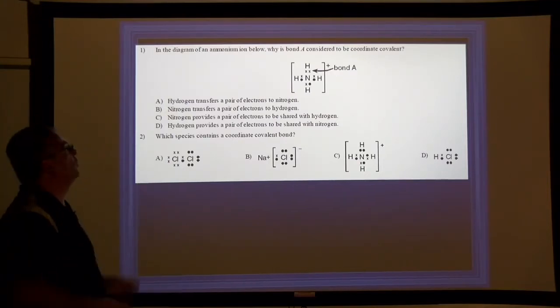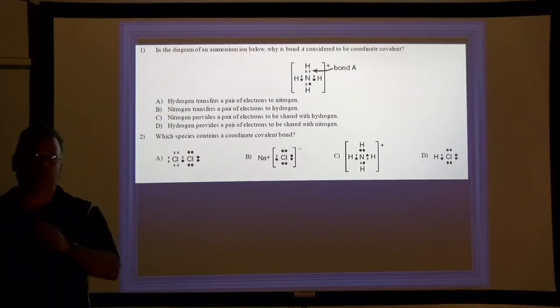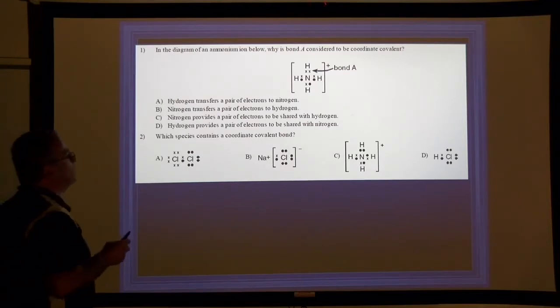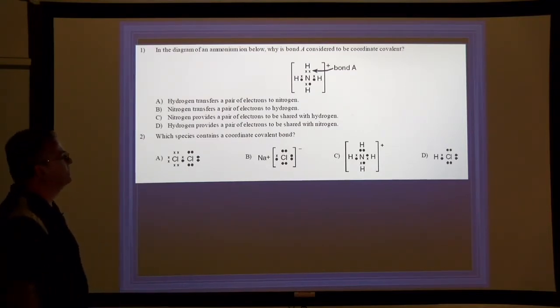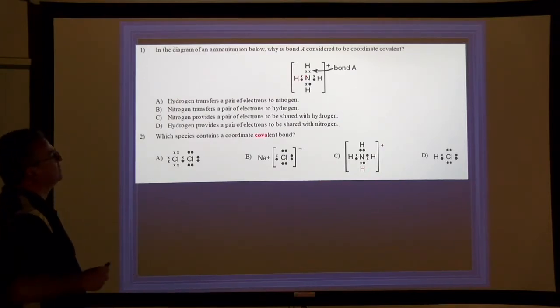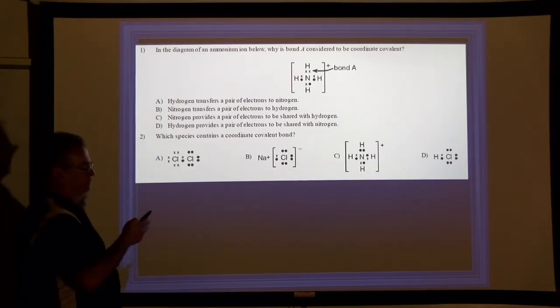So whenever the word coordinate covalent bond shows up on the Regents, it's either ammonium is the choice or hydronium is the choice. And that's because of the way the polar covalent bond was formed. So there goes your ammonium ion. So he always has the coordinate covalent bond in it.